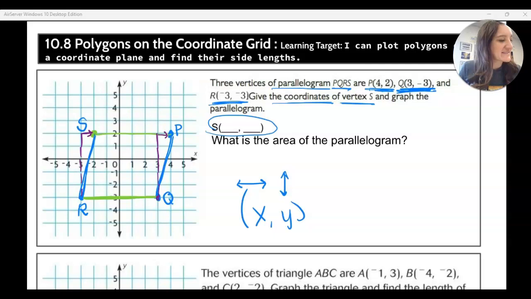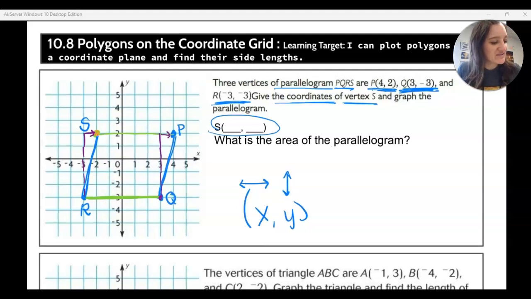So it's asking us what are the coordinates for S? Well, S is at -2, and then we went up 2. So -2, +2.